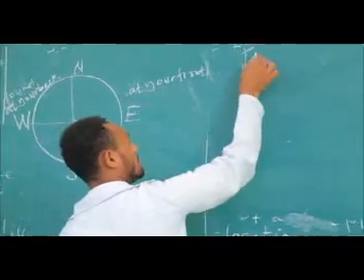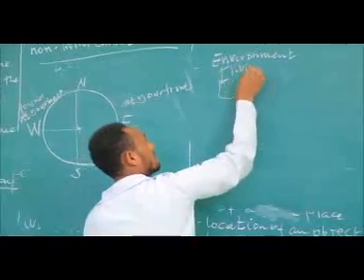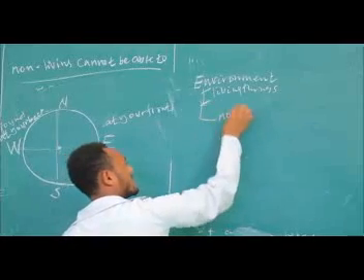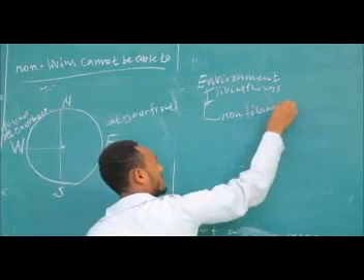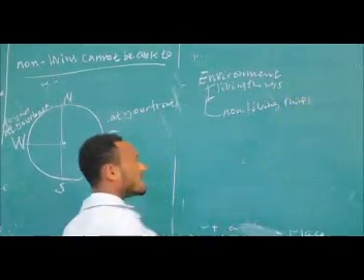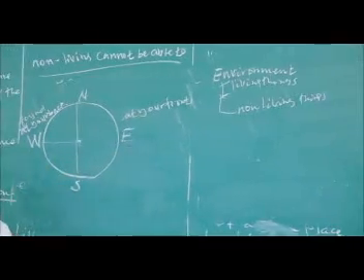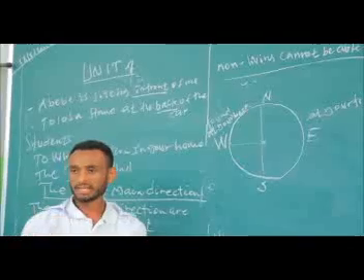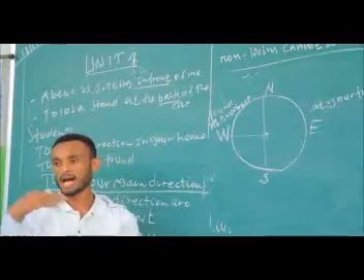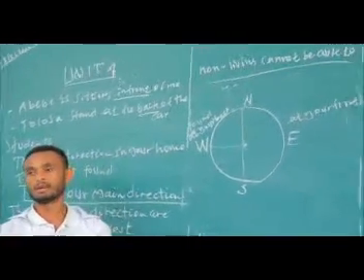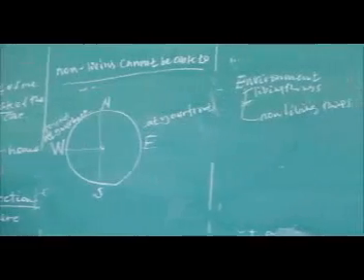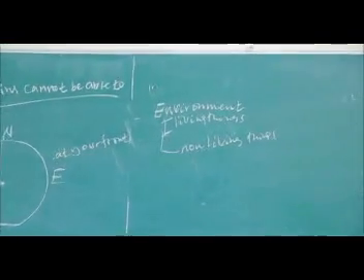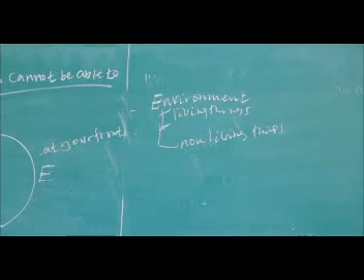We also looked at living and non-living things. Non-living things cannot take food, cannot move from one place to another, cannot breathe, and cannot drink water. This is the character of non-living things.